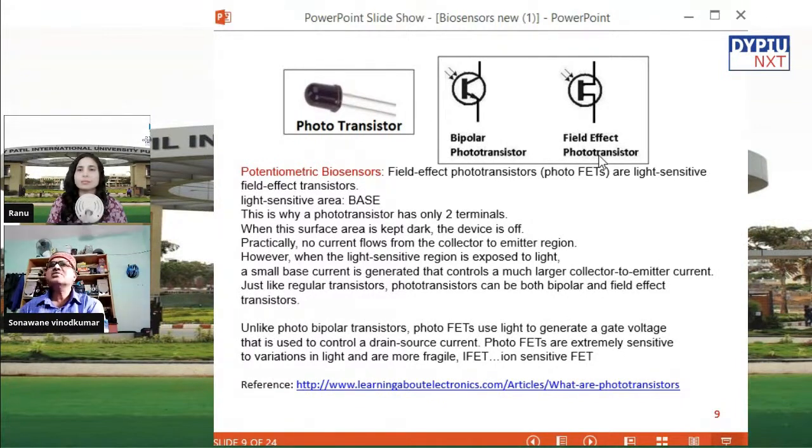This creates an electrical signal, which is further analyzed, and then whatever quantity you want to measure can be measured at the output of the biosensor. Practically, if no current is there, the collector to emitter region will remain open, just like a regular transistor.